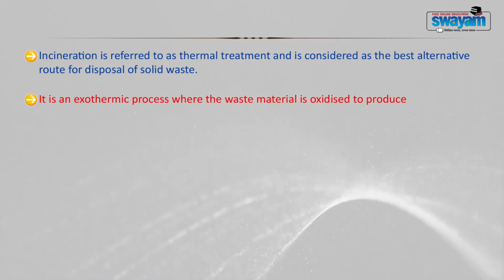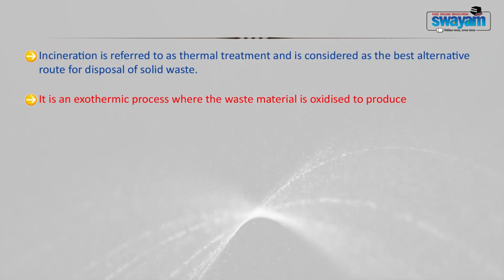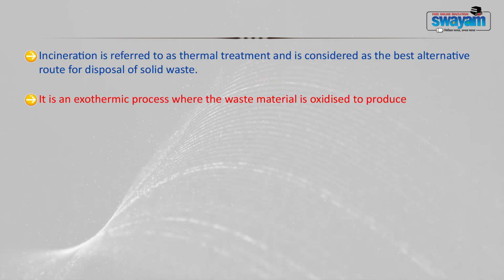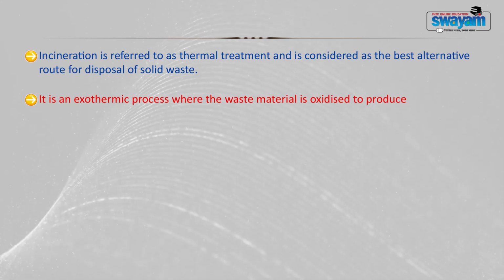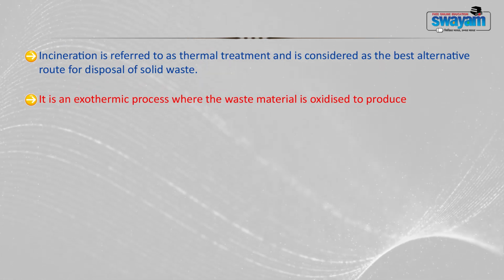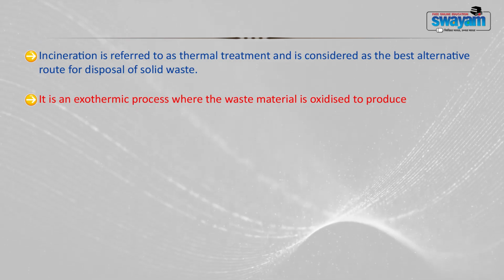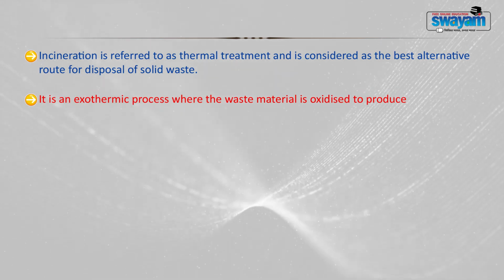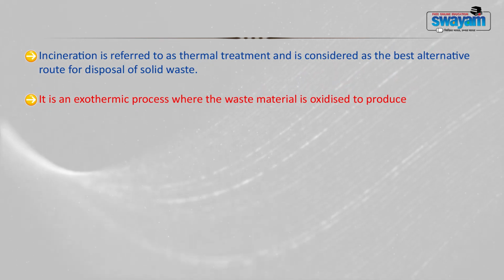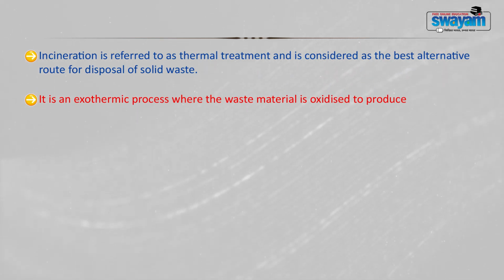Now, incinerators are considered the best alternative route for treatment and disposal of solid waste, because a huge reduction in volume and mass of waste occurs. In volume, almost 90% of the waste is reduced, and in mass it is reduced by 75%. And what are the end products? One is the inert residue, ash.